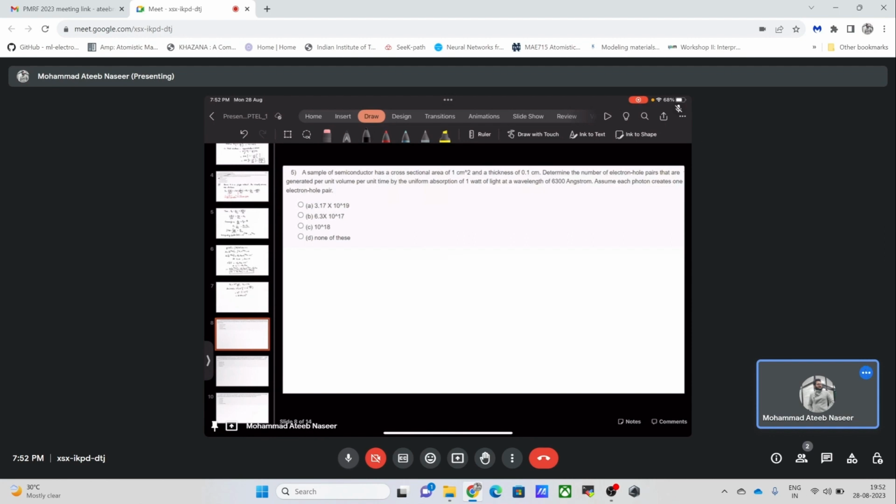These electron hole pairs basically are being generated by the light absorption. So we have a uniform absorption of 1 watt power which is at a wavelength given to be equal to 6300 angstroms, and we have been told to assume that each photon creates one electron hole pair. So basically we have to find the number of electron hole pairs that are being generated due to this absorption.